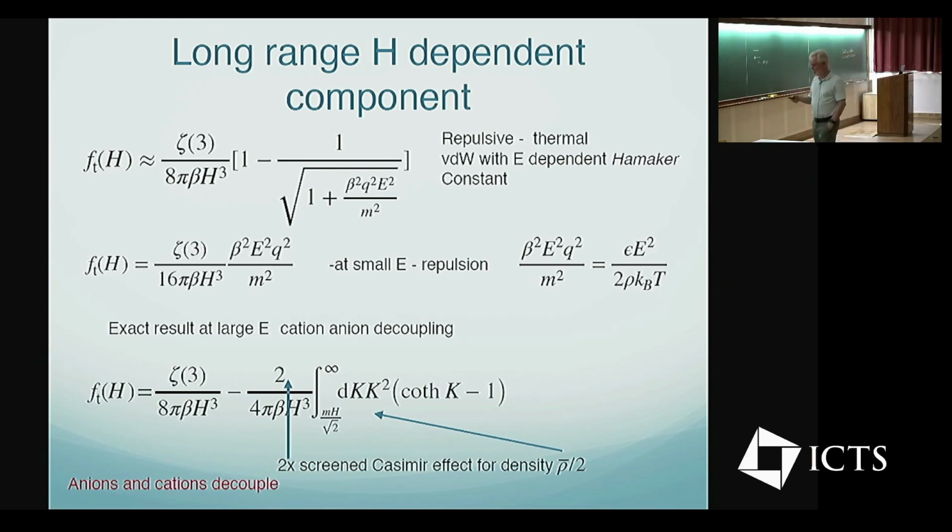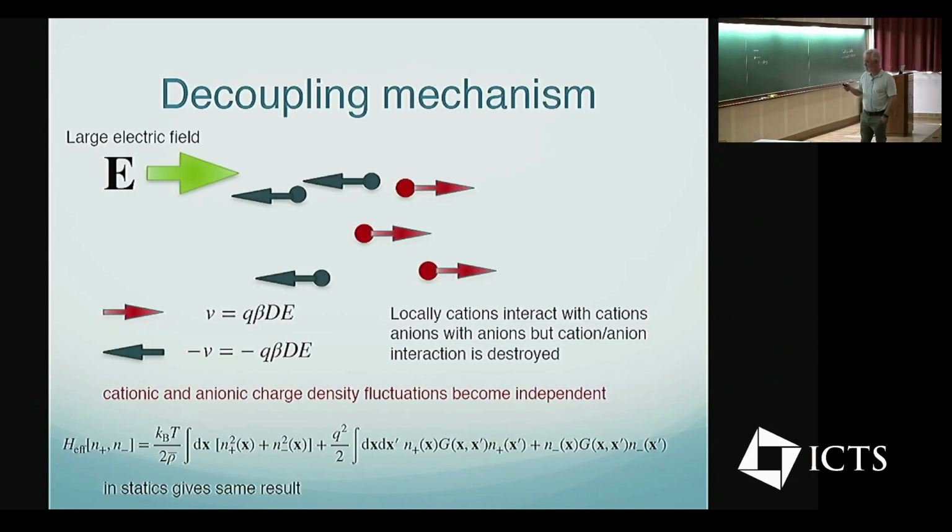Okay, and the reason for this, and this is the amazing thing, is that the anions and the cations decouple. As I was saying before, I have 2 frames, I can decide to move along, on average, with these cations moving with this velocity here. So they're on the same train, so they stay relatively close to each other, and their charge density fluctuations interact with each other.